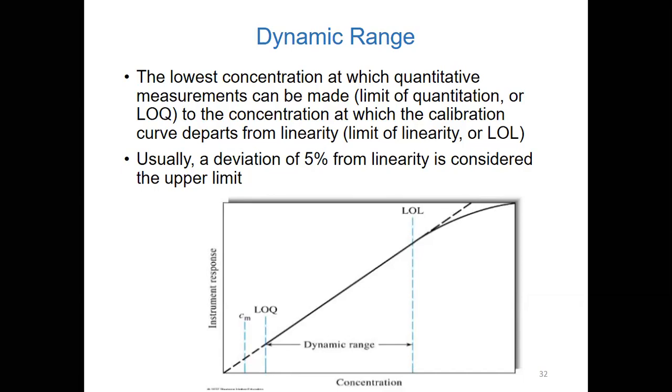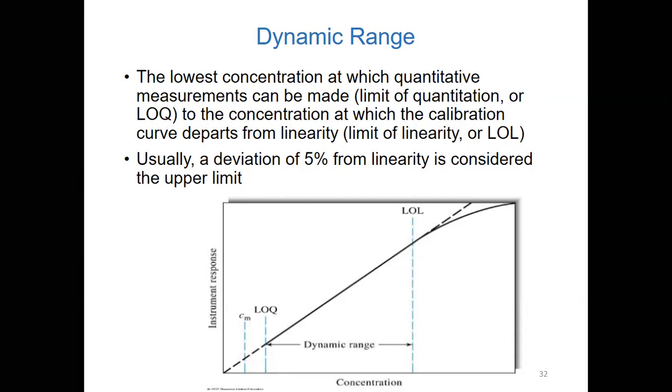We always say take the measurement between 0.2 and 0.7, right? The reason is that below 0.2, even though we can still see the response, it is not a good quantitative measurement. Beer's law deviates a little bit. And also after 0.7, we can still take the measurement, but the linearity will be deviated.